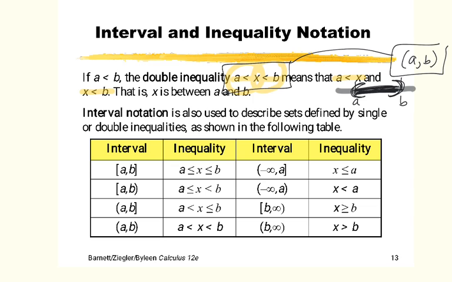Okay, so it says here, interval notation is also used to describe sets defined by single or double inequalities as shown in the following table. Make sure you look over this table and you understand how to express an inequality or an interval in interval notation or set builder notation, or just given as an inequality. Okay, so just make sure you understand how to express any inequality.